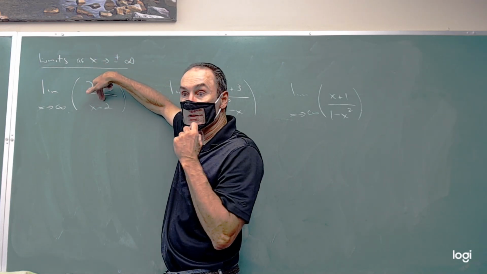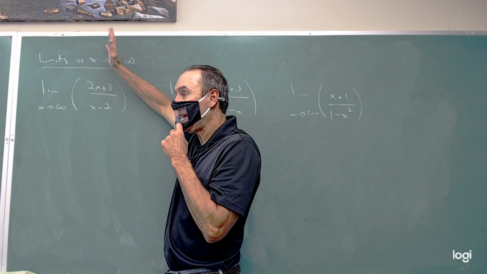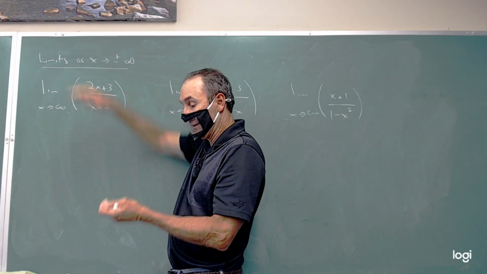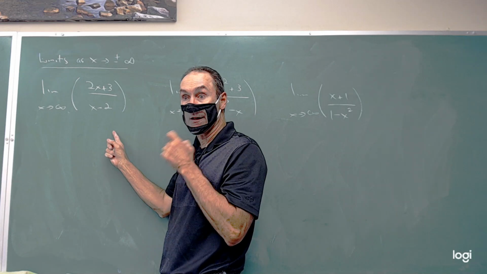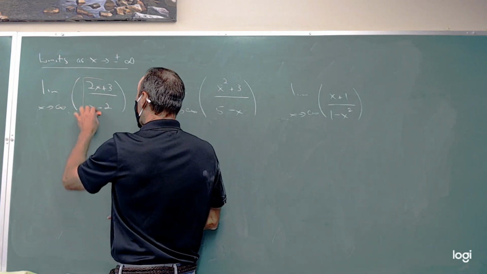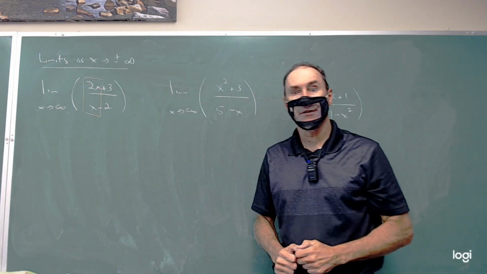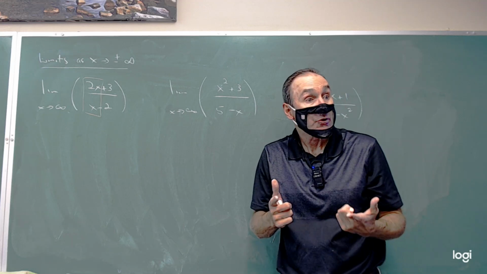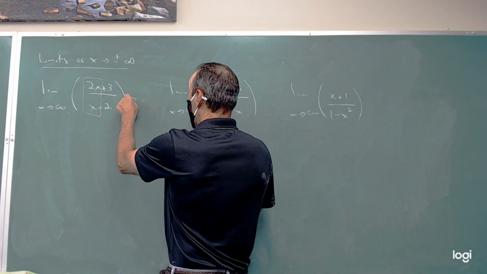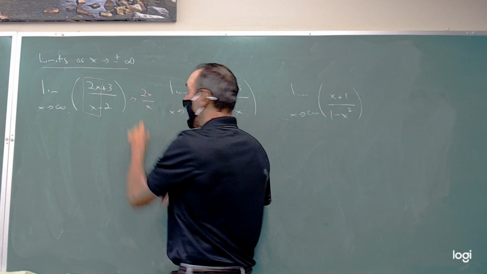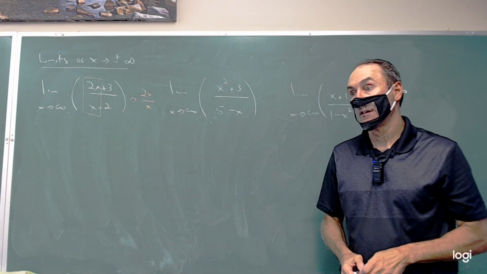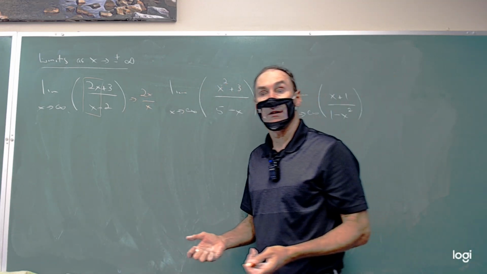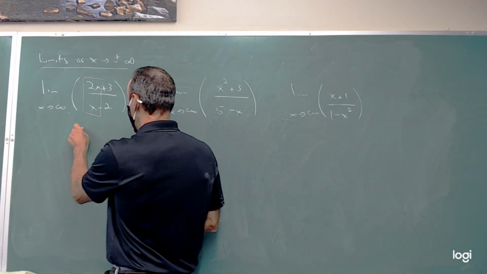A million minus 2, that minus 2 is like a gnat. We ignore that, right? So this is going to act like the highest powers of x and their coefficients. That's kind of the shortcut way of doing this. So that's going to act like 2x over x, which we know is going to be 2. That is our limit.